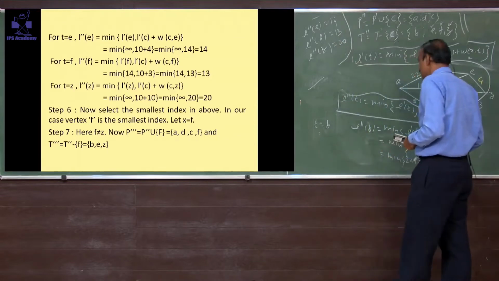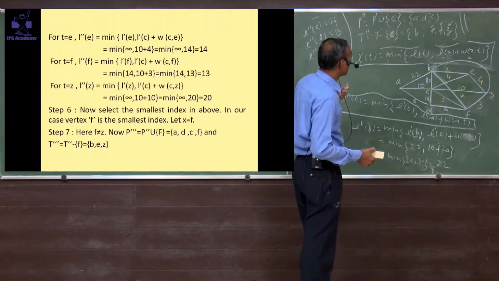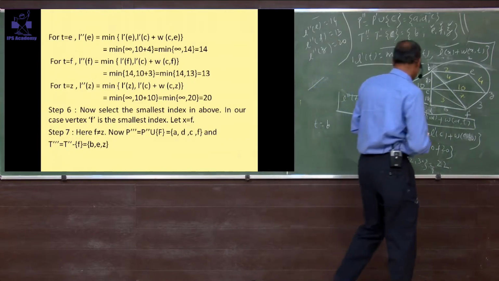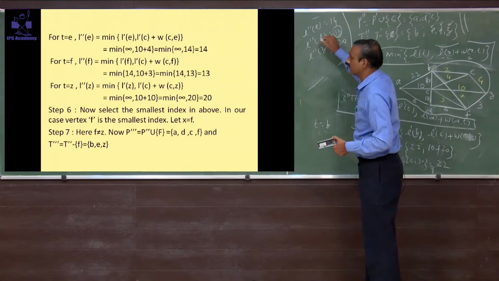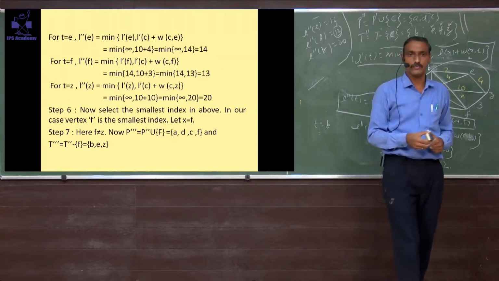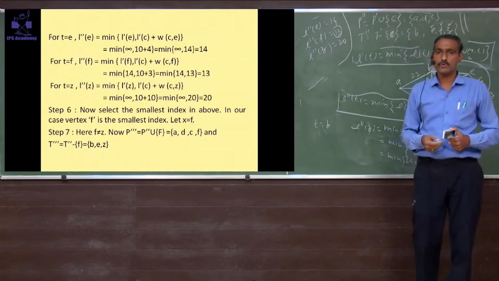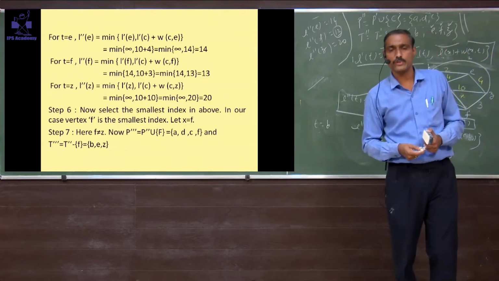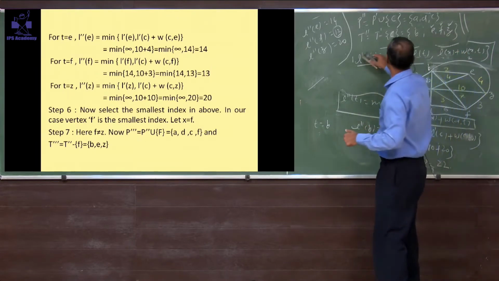Now we have to choose the smallest index among B, E, F and Z. The smallest is 13, for the vertex F. So now select the smallest index in the above. In our case, the vertex F has the smallest index and let x equal F. So we put x equals F here.